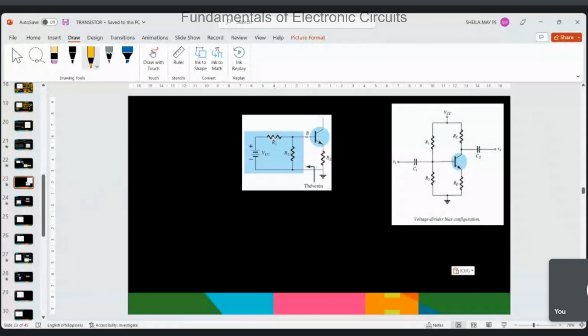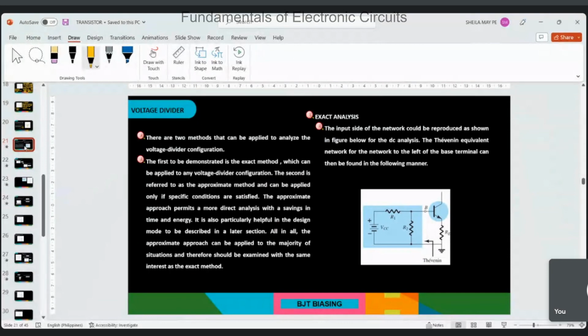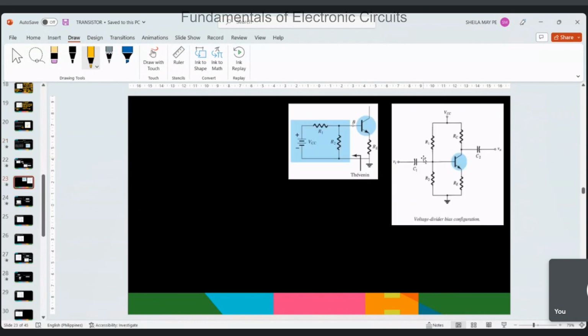Now, class, our analysis uses the Thevenin working model. I don't know if you're familiar with Thevenin, or nodal methods, ways to compute a semi-complex circuit. Here we have our voltage divider circuit.